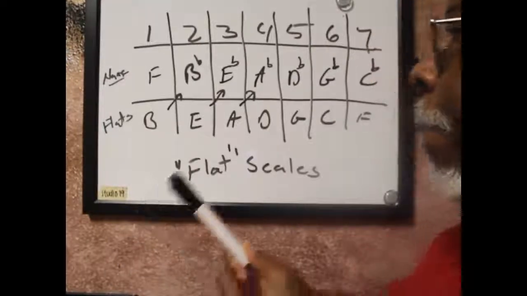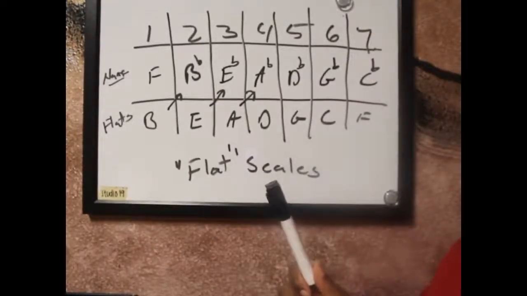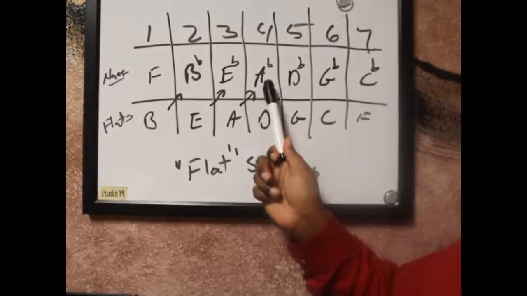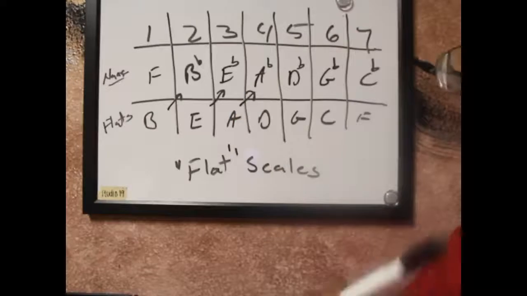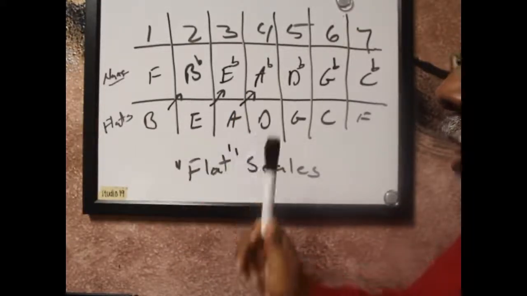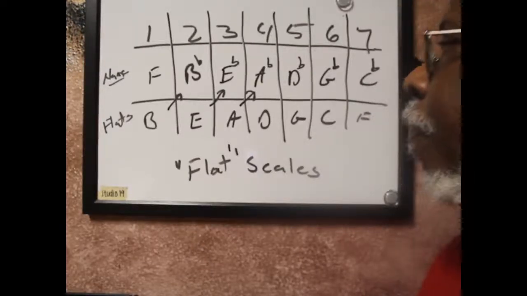How many flats does the A flat scale have? There's A flat. A flat has 4 flats. And what are those flats? B flat, E flat, A flat, and D flat. Did you get it? Let's do another one.